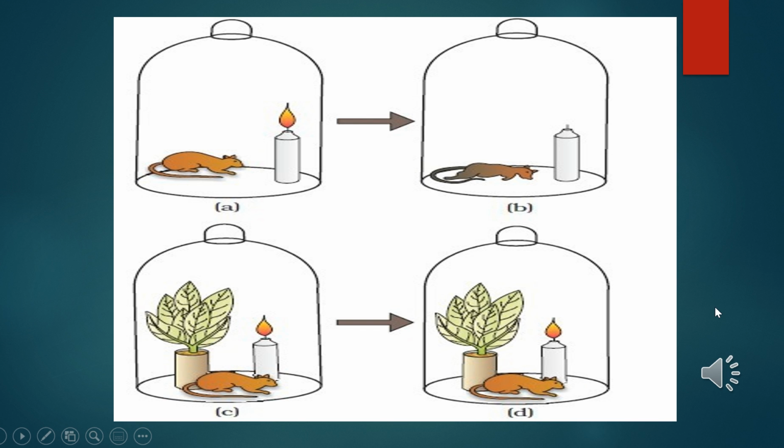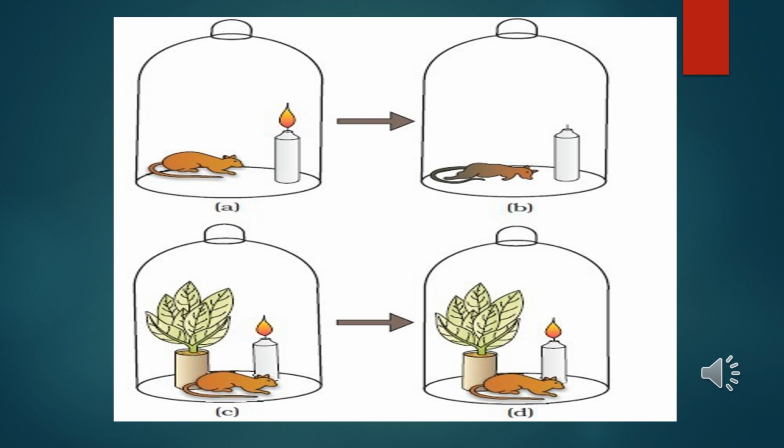In these diagrams, you can see in A and B that the mouse is alive and the candle is burning. Both are giving out carbon dioxide, and the candle will extinguish and the mouse will die. But in C and D, you can see that when we have placed a mint plant in the bell jar, all three are alive.